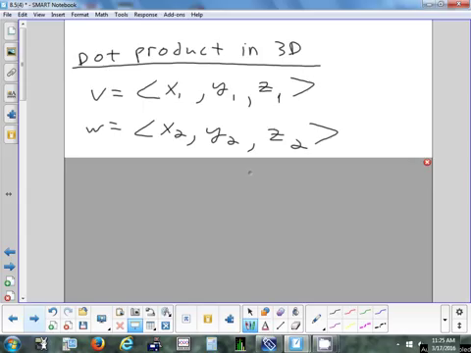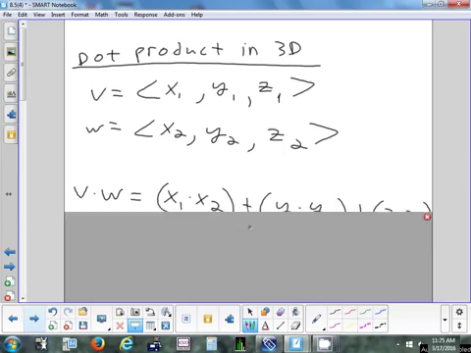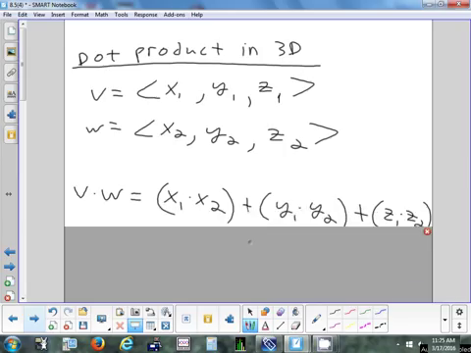Right, so dot product in 3D, it's pretty much the same as 2D. If you want to find a 3D dot product, you multiply your x components, multiply your y components, and then multiply your z components. You're going to take each one of those answers and then add them up.